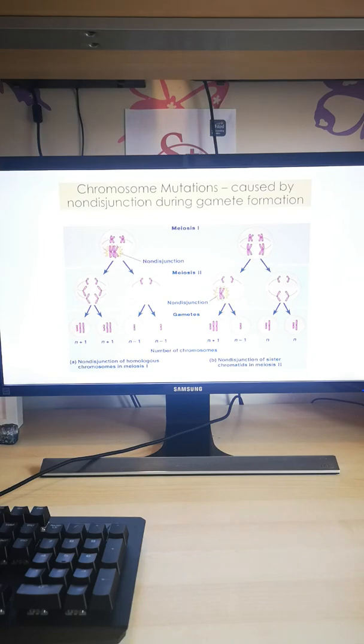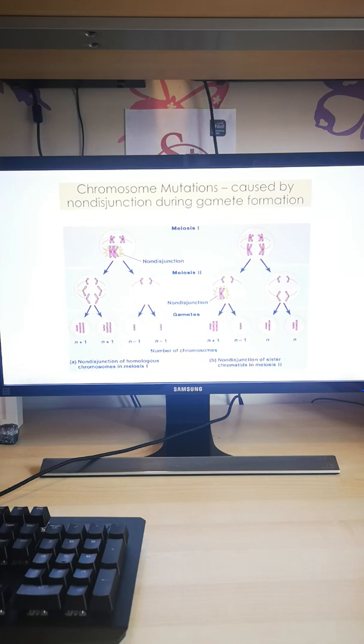Okay, so if you look at these 2 pictures, you can see there are 2 places that meiosis is going wrong. So on the left hand side, you can see during the first division something has gone wrong, and it's this process here where the homologous chromosomes are usually separated so that one of each pair goes into the daughter cells. You can see that that's not happened here.